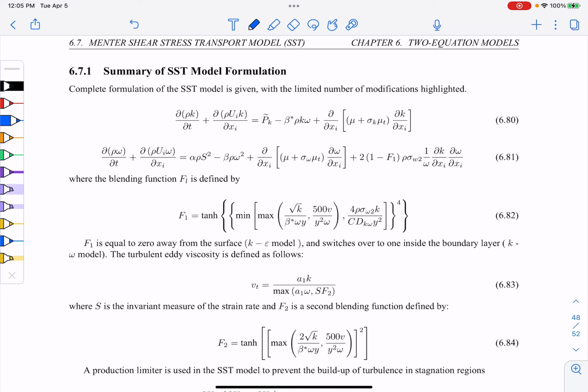So we want to just look briefly at the formulation. This is the formulation with Wilcox's summary. So if you open Wilcox's book, this is the way he presents the final equations. And what I like about that is he puts them all in a form where it's on one page, so it's easy to reference and also program.